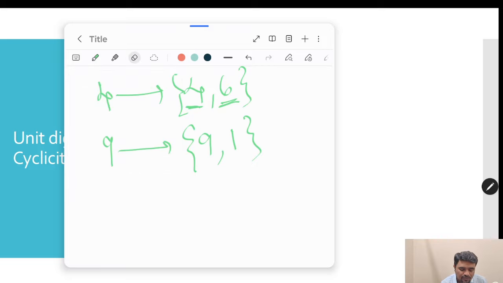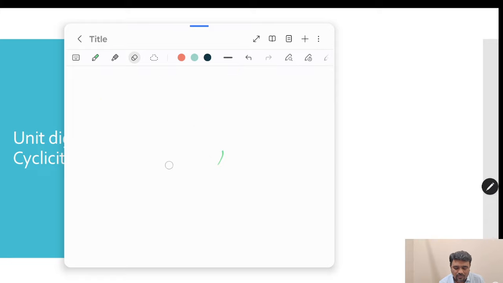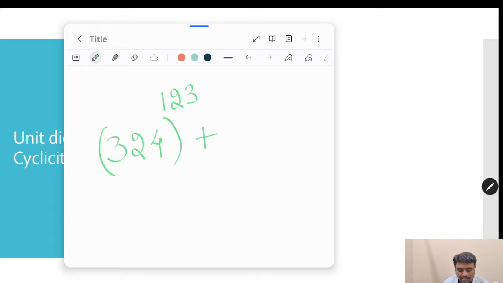Now I'll do one question. 324 whole power of 123 plus 428 whole power of 326.